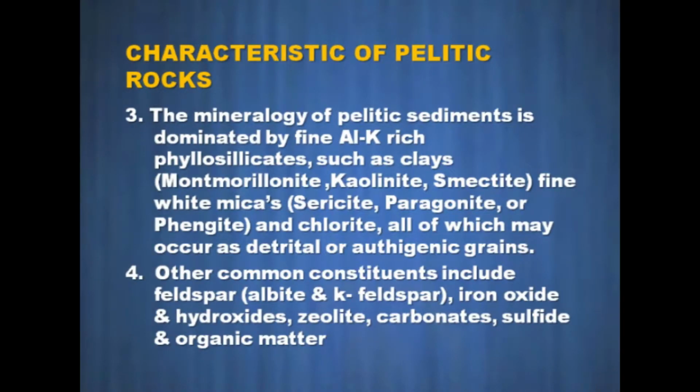Third, the mineralogy of pelitic sediment is dominated by fine alumina and potash rich phyllosilicates such as clay, montmorillonite, kaolinite, etc. Fine white micas, that is muscovite, paragonite or phengite, and chlorite, all of which may occur as detrital or authigenic grains.